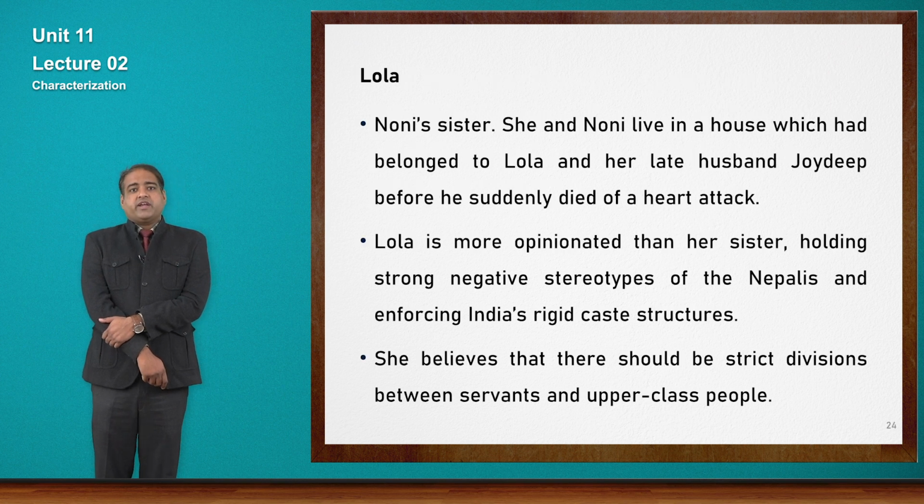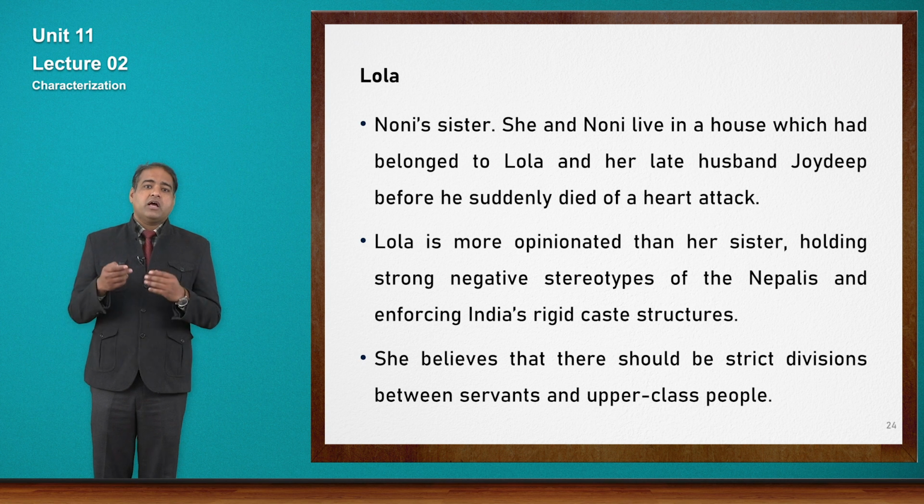We have another character whose name is Lola. She is Noni's sister. She and Noni live in a house which had belonged to Lola and her late husband Joydeep before he suddenly died of a heart attack. Lola is more opinionated than her sister, holding strong negative stereotypes of the Nepalis and enforcing India's rigid caste structure.